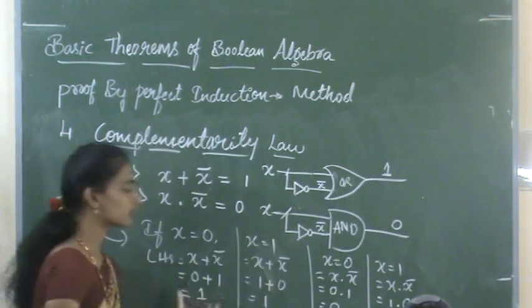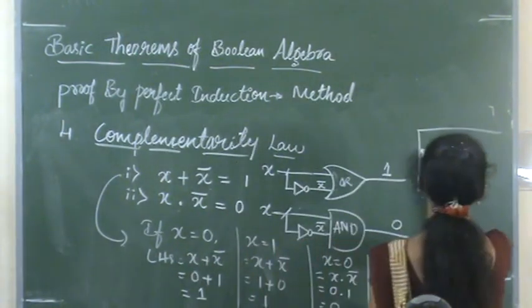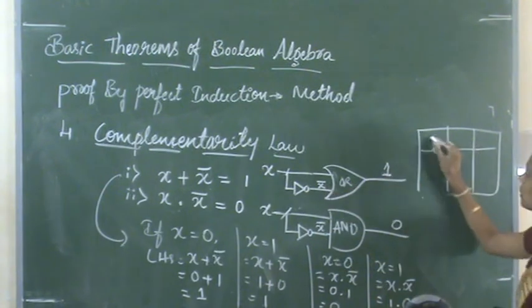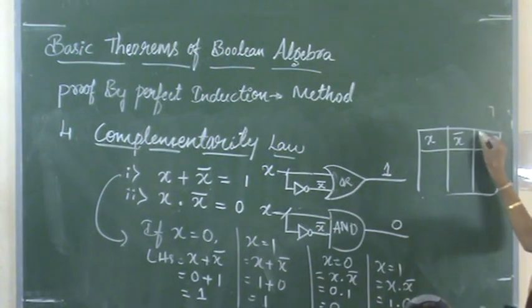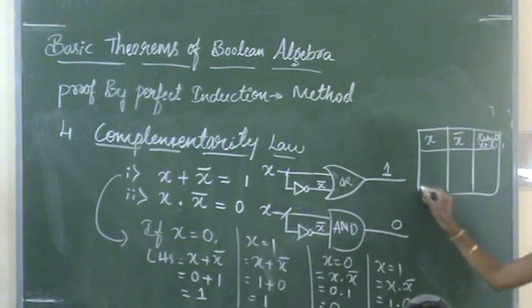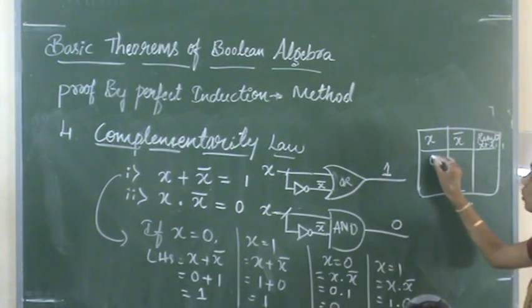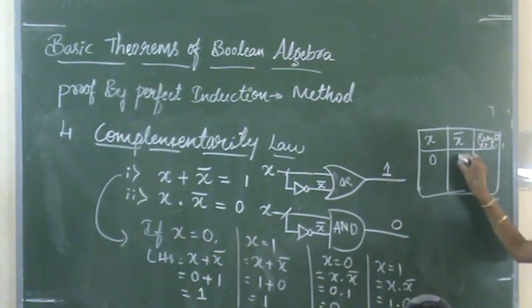So how do we represent this in a truth table? Okay, so let me see. That is x and x bar, and the result x plus x bar should give 1. Let me see whether we get 1 or not. What is the x value? If I provide x as 0, what will be x bar? 1.